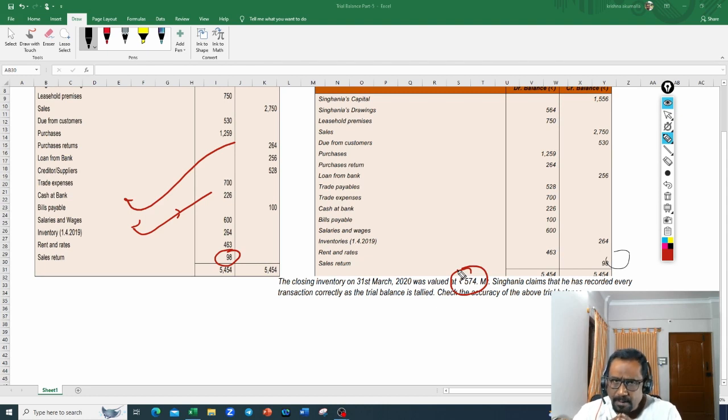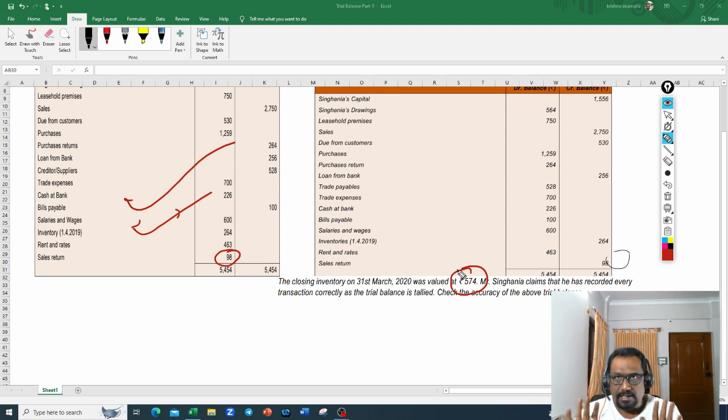Then please ignore it. But if somebody asks tomorrow why closing inventory is not part of the trial balance, your answer should be my closing inventory is already part of my opening balance and purchases, hence I'm not supposed to show that in trial balance.